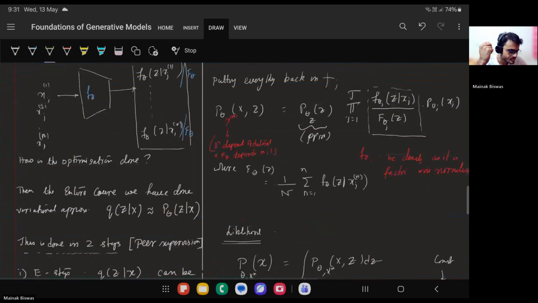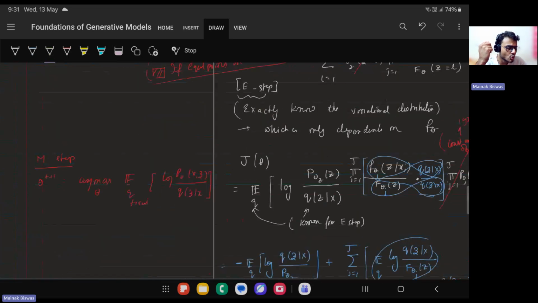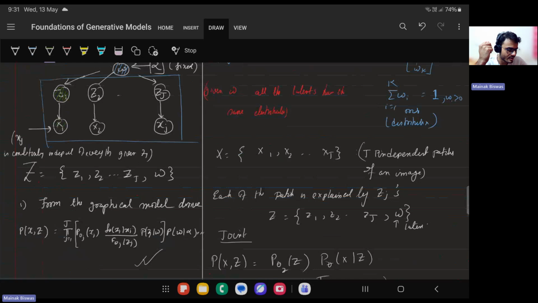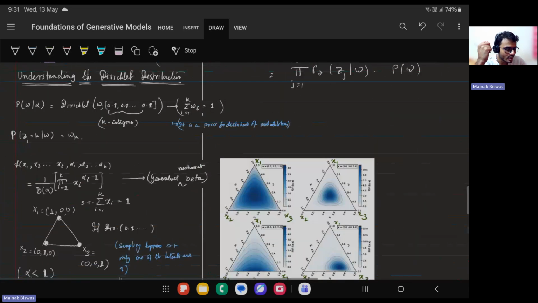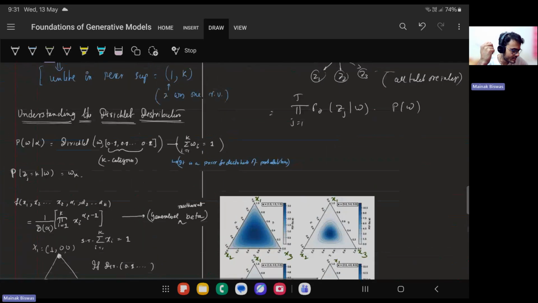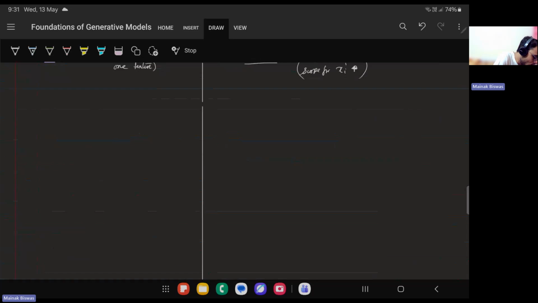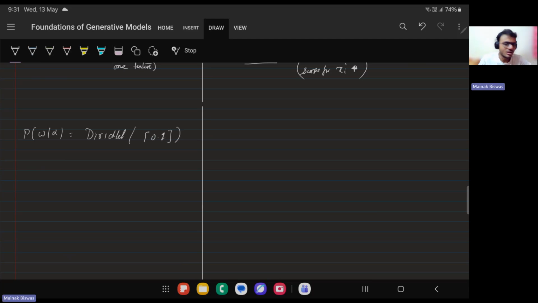Okay. So now why do we choose the Dirichlet prior? P of omega given alpha is distributed as a Dirichlet distribution, or Dirichlet 0.1. I'll first talk about the intuition and then do the math of Dirichlet.